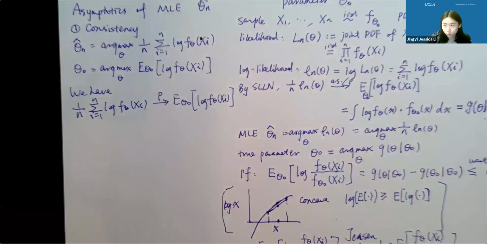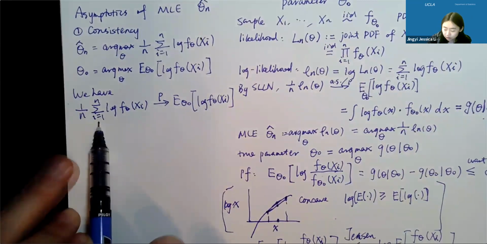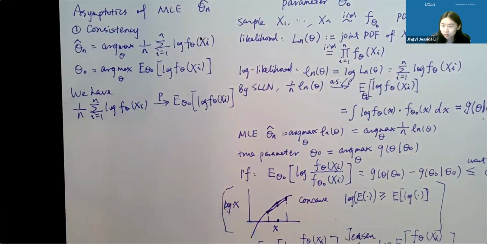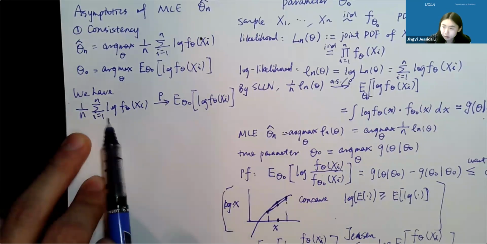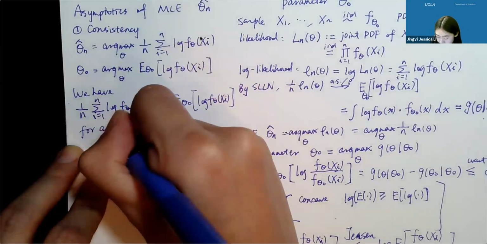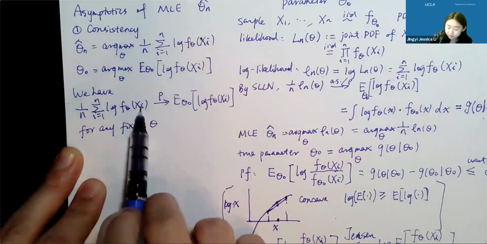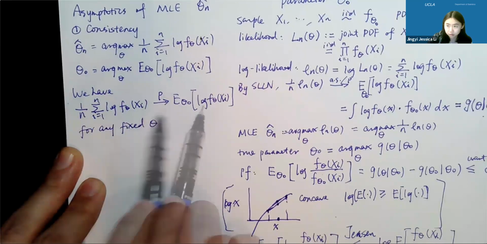But the question we don't know is, does the maximizer of the left-hand side also converge in probability to the maximizer of the right-hand side? That's what we need to solve this consistency question of the MLE. For this part, we don't have any issue, right? And I want to say that this part holds for any fixed theta. By fixing theta, the random variables are x1 to xn, so this is a strong law of large numbers result.